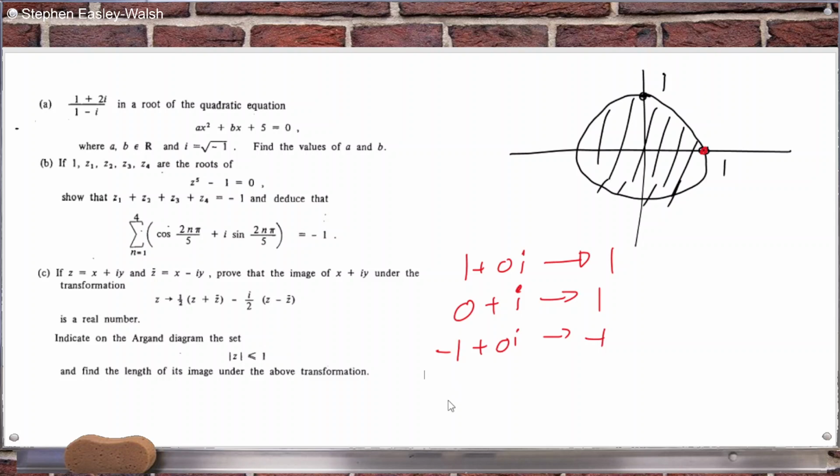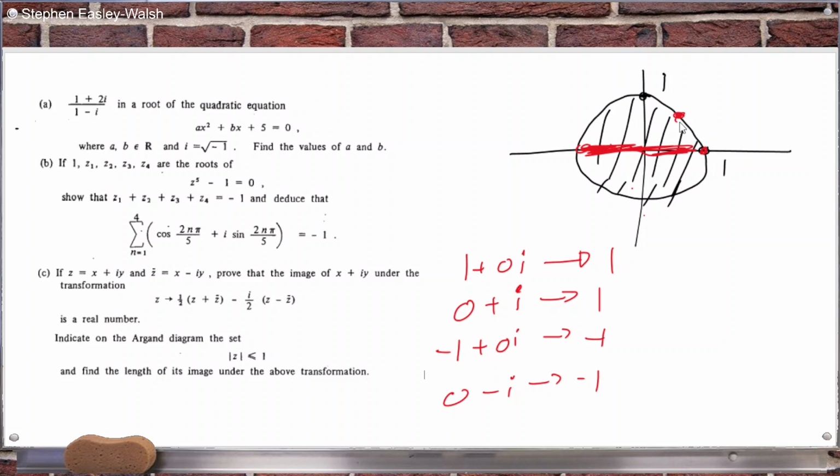And then 0 minus i would just become minus 1. They're the extremes, so everything else is going to fall within that. So the set is just going to get squished down into this line here. I don't think it can get pushed outside of it.